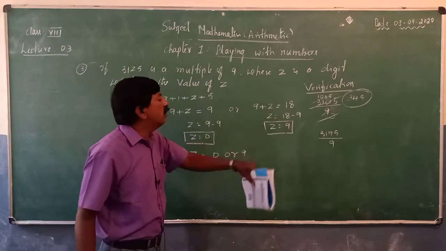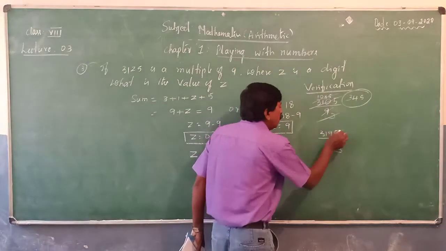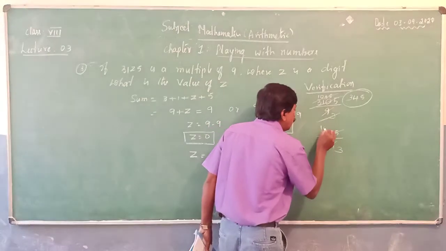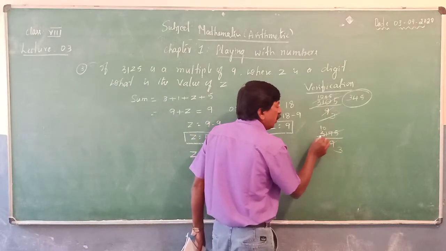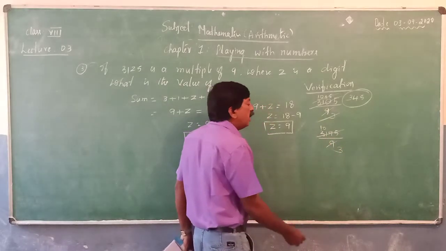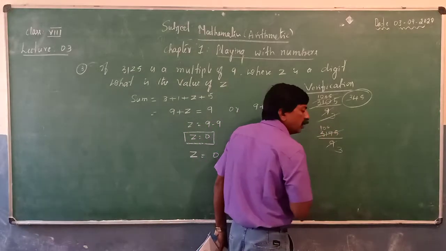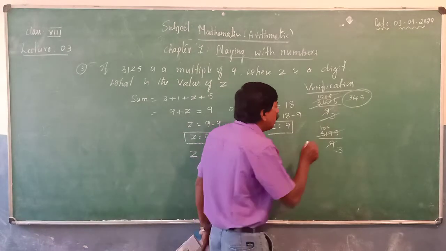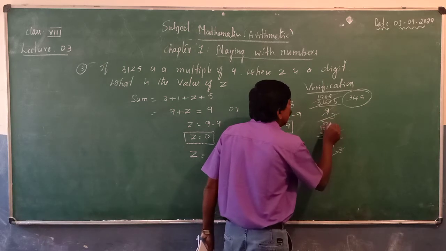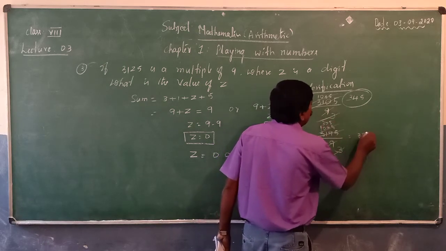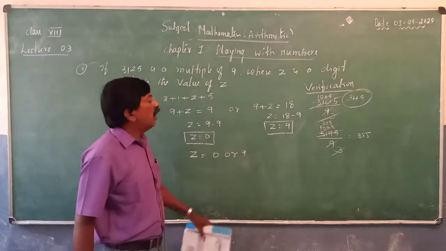Even you can consider Z value 9. 3 nines are 27, remainder 4, 41 divided by 9 is 4, and so on, which is 355. It will divide exactly while taking both 0 and 9.